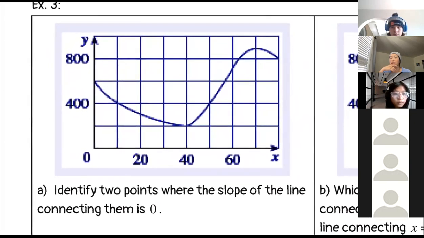The question is asking us to identify 2 points where the slope of the line connecting them is 0. If you and your group came up with something, could you sketch that on the graph right now? Where might those 2 points be?